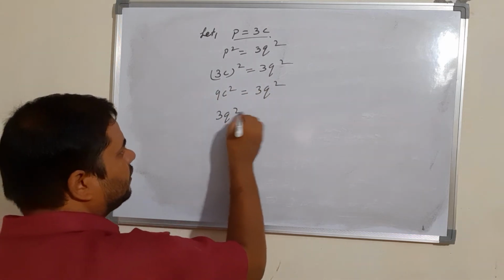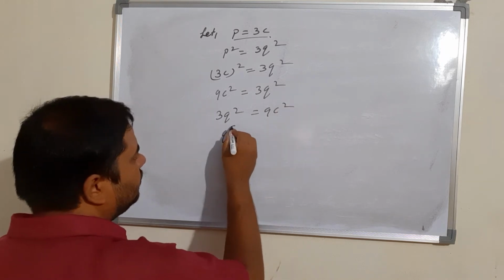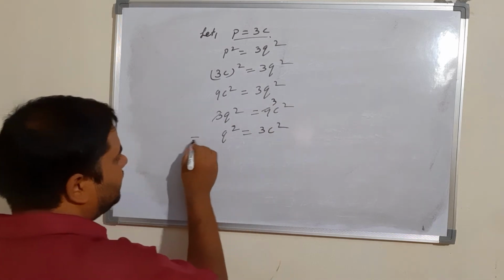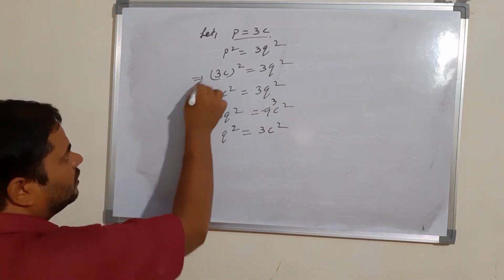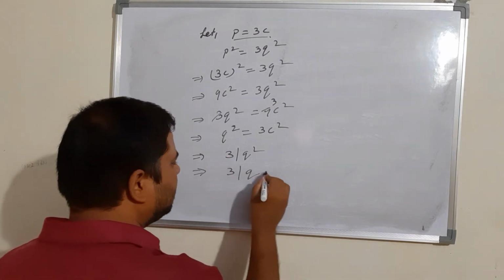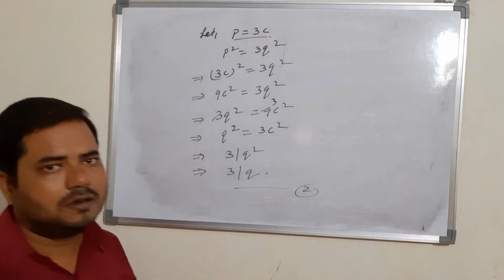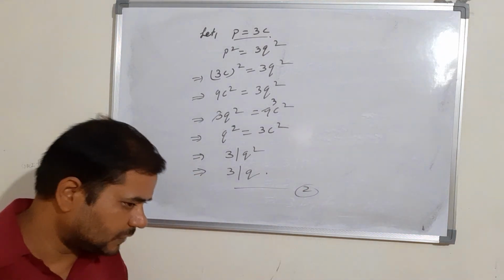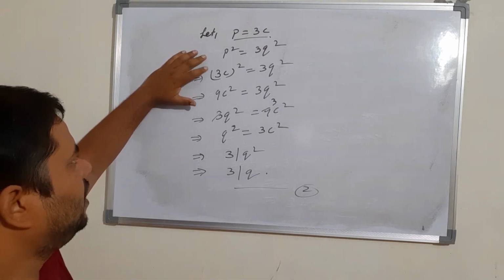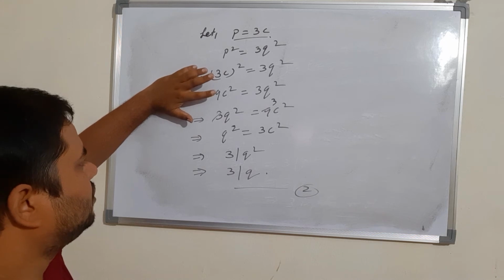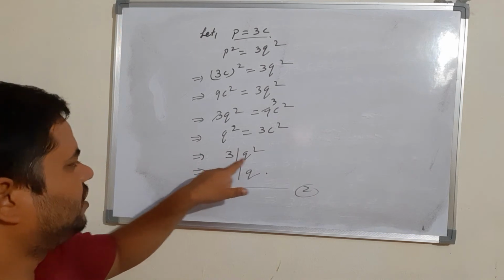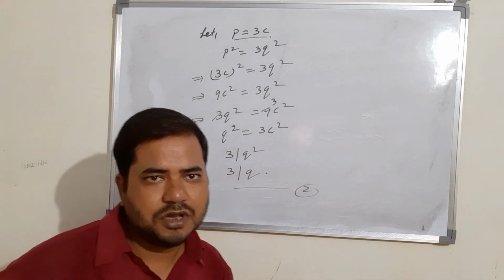So Q square is equal to 3C square, and this means 3 divides Q square, and this implies 3 divides Q. This is equation number 2.